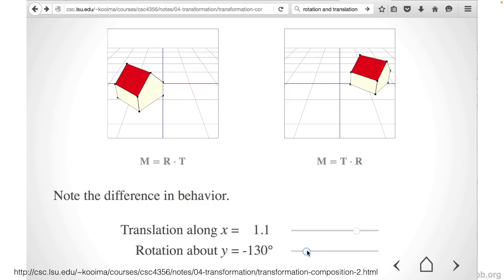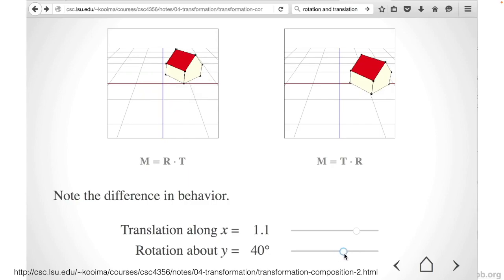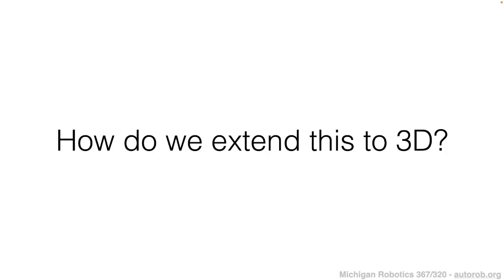This is conceptually much nicer when we go to implement our transformations, because we know what behavior to expect and can reason about it in a clean manner. So how do we extend these ideas about rotation and translation transformations into 3 dimensions?